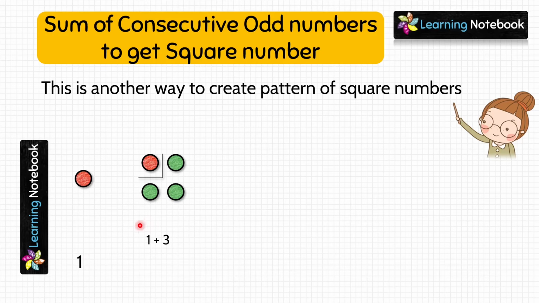Here students, one red bindi resembles the first odd number 1 and 3 green bindis resemble the second odd number 3. So 1 plus 3 equals to 4.